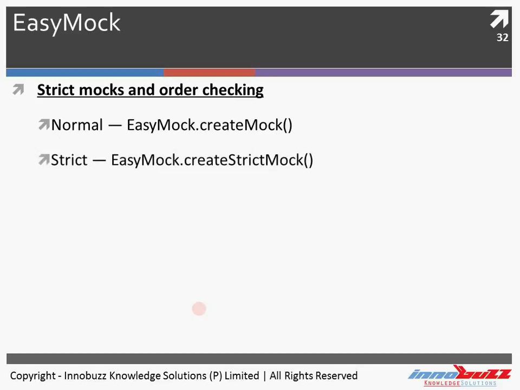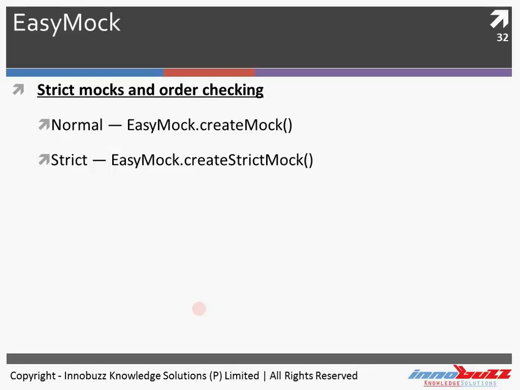And next we have strict mock. With create strict mock, all expected methods must follow expected arguments in a specific order. The order in which we invoke methods in our Java class needs to be followed in your test class. Calls to unexpected methods will always fail in create strict mock.